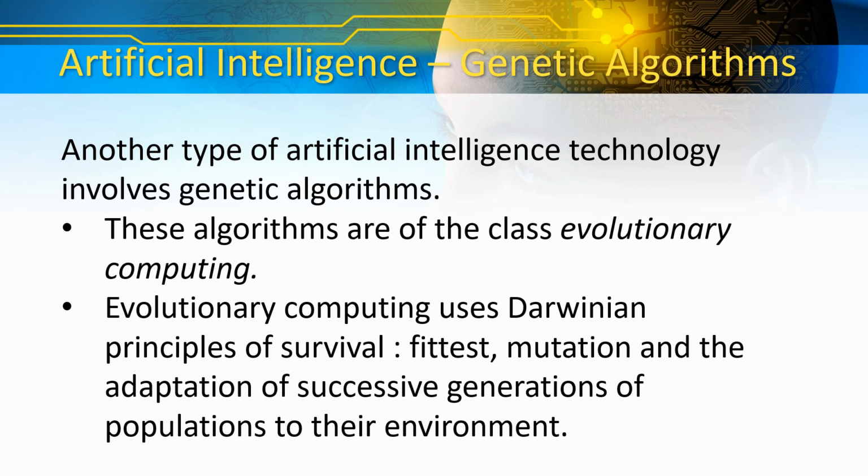These algorithms are of the type evolutionary computing. Evolutionary computing uses the Darwinian principle of survival of the fittest, mutation, and the adaptation of successive generations of populations to their environment.